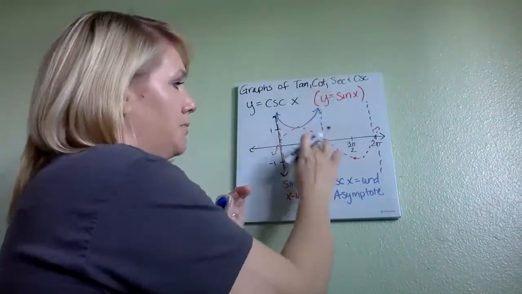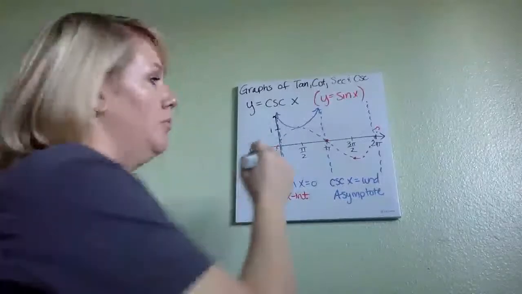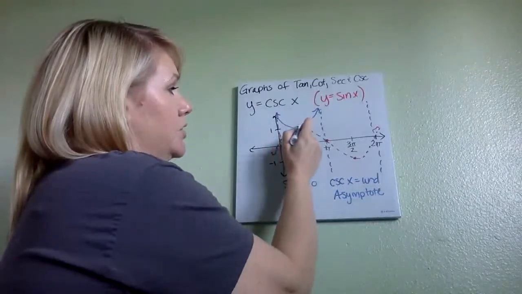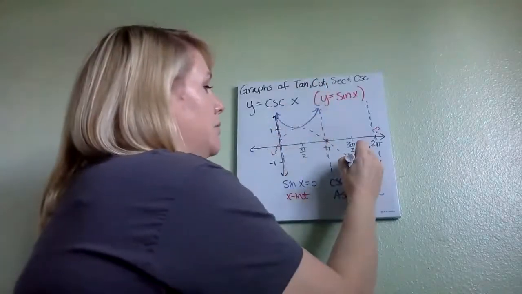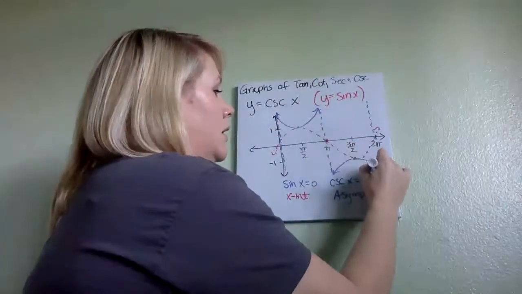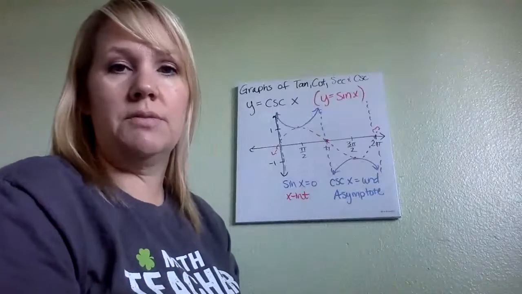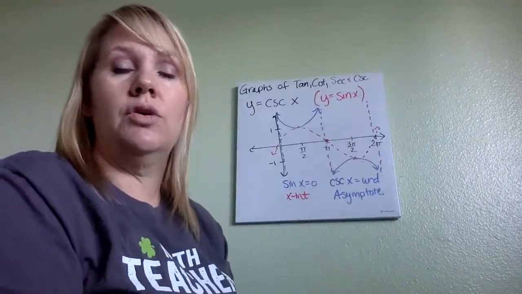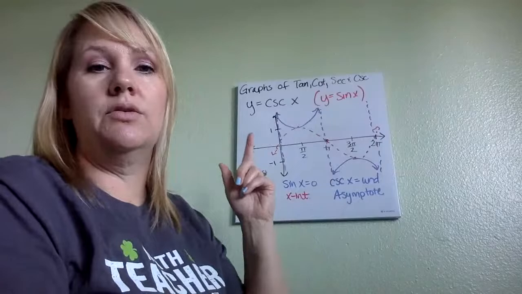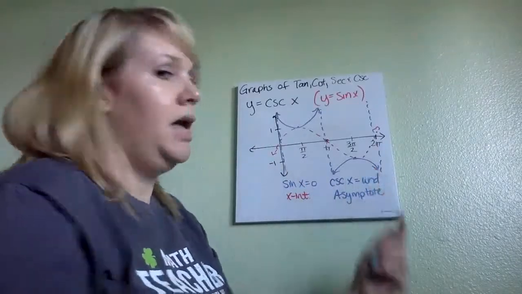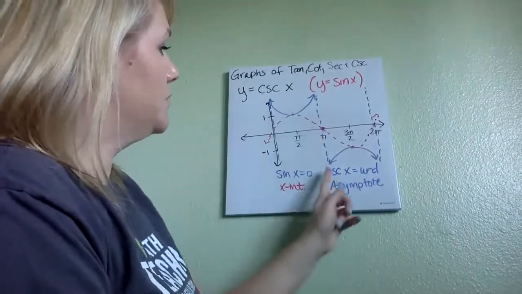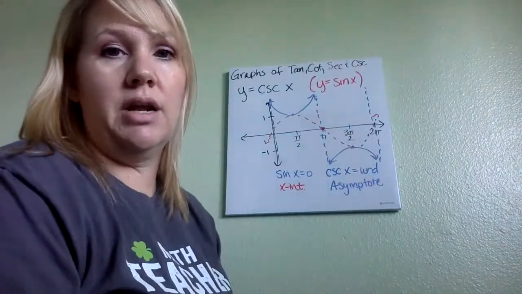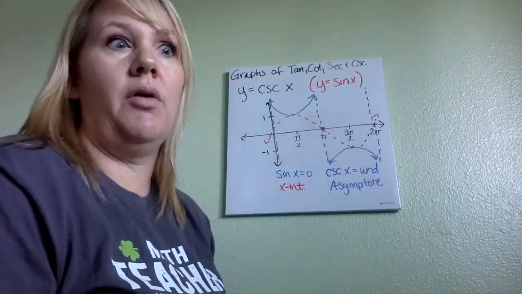Think of it like the graph is increasing to 1 and then decreasing, and if you flip that over, like you reciprocate it, it ends up looking like a little parabola shape. So the blue is the actual cosecant graph. It includes the asymptotes here and here and here, and it also includes the little parabola shapes. The sine function, the red dotted line, is just what we use to help us make the graph of the cosecant.